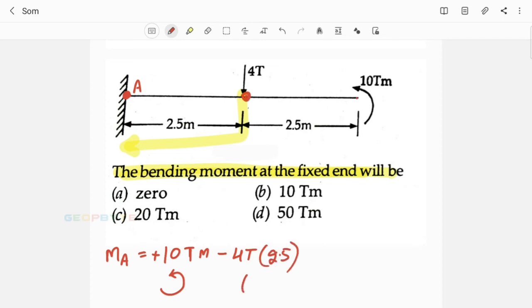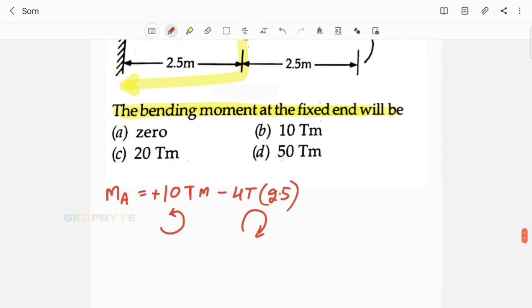Since it is the clockwise moment with respect to the fixed end A, I have taken it negative. It is equal to 10 tons meter minus 4 into 2.5, 10 ton meter minus 10 ton meter equals 0. Therefore, the bending moment at the fixed end will be equal to 0.